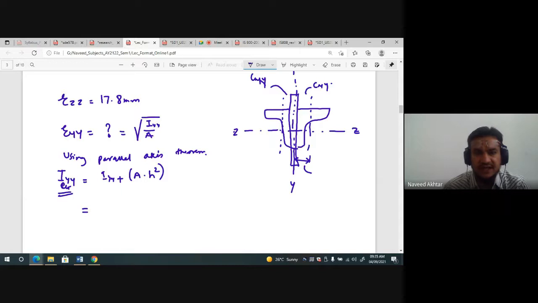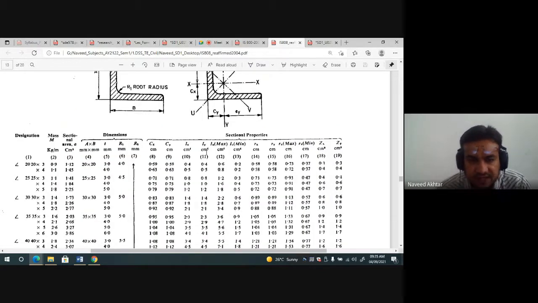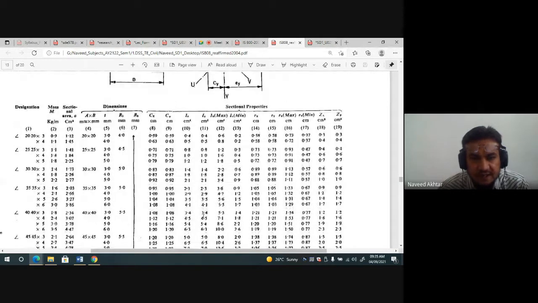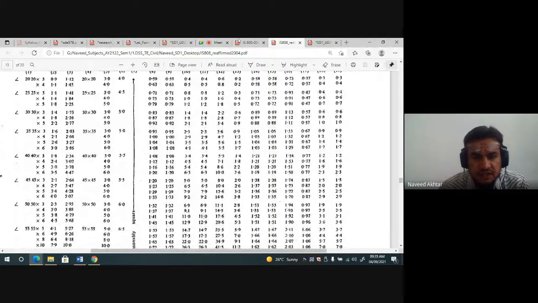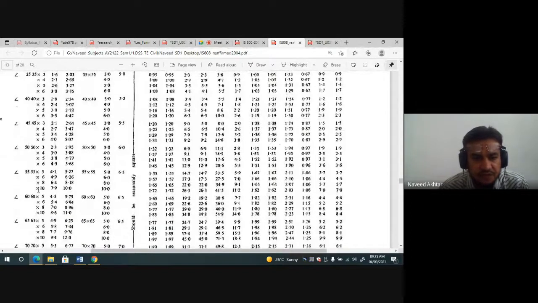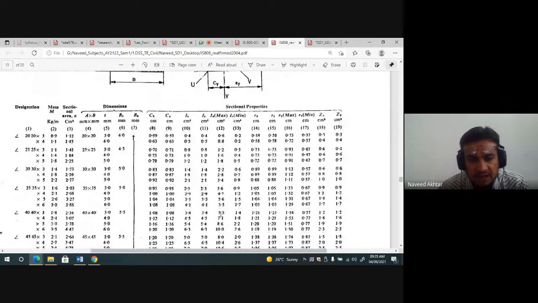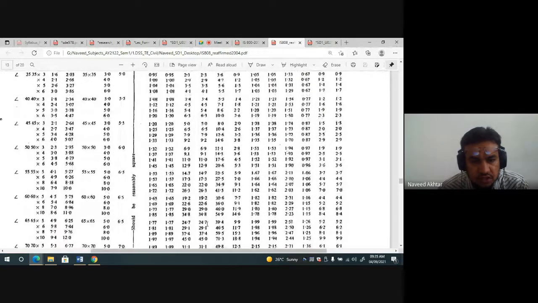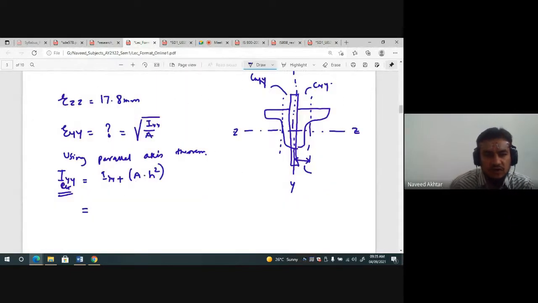So IYY is given in our steel table. IYY here is given in centimeter raised to 4. It is here 34.8 centimeter raised to 4. I will write down this for 10, IYY in this column: 34.8 centimeter raised to 4.